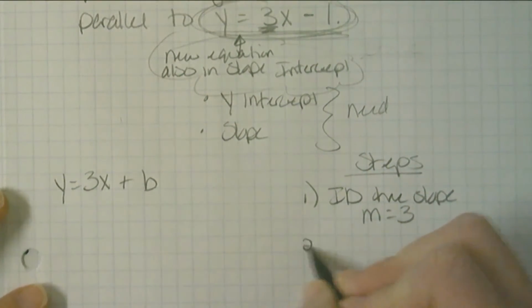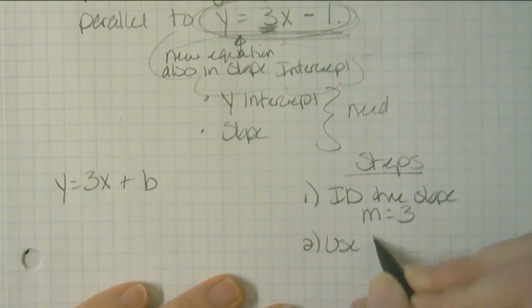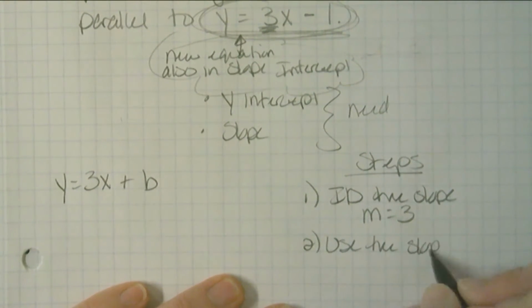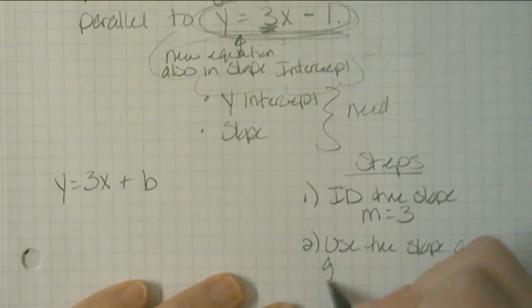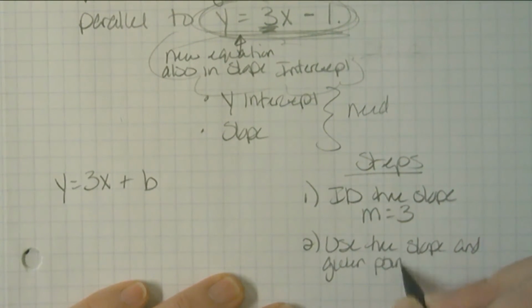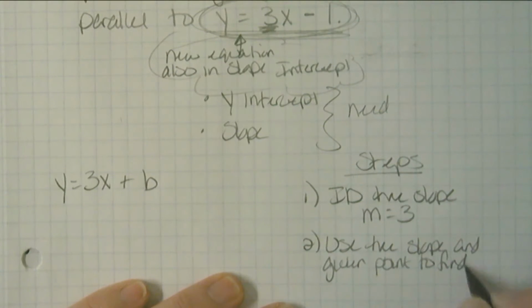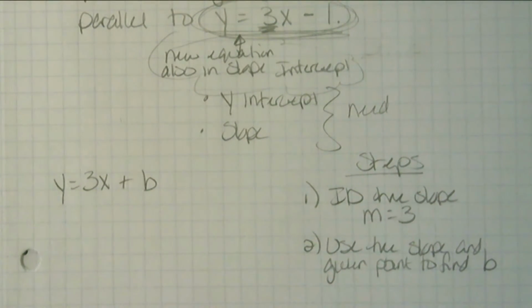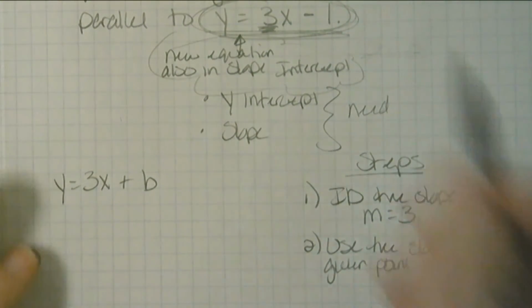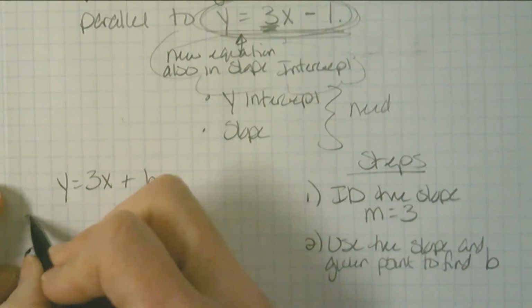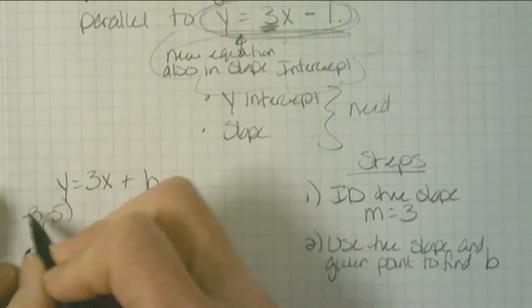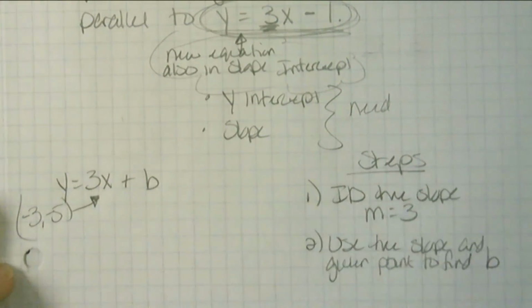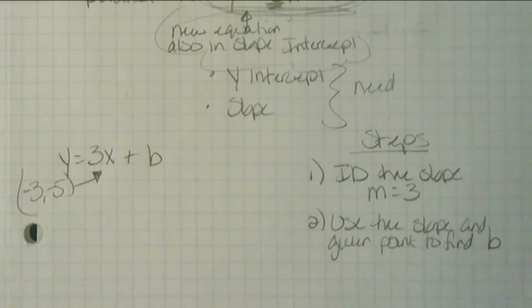The second thing I'm going to do is use the slope and given point to find b. Remember, the b is not the b from our given equation. It's a totally different b, a totally different y-intercept. It's parallel to this. So I need to take the point (-3, -5) and substitute it into my equation to solve for b.